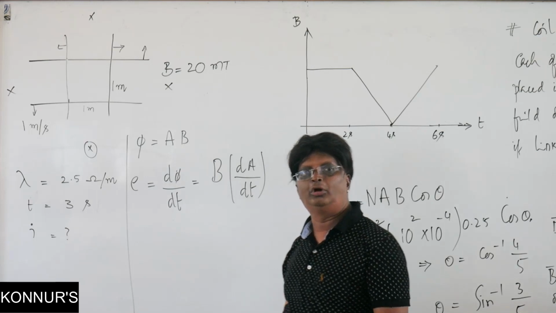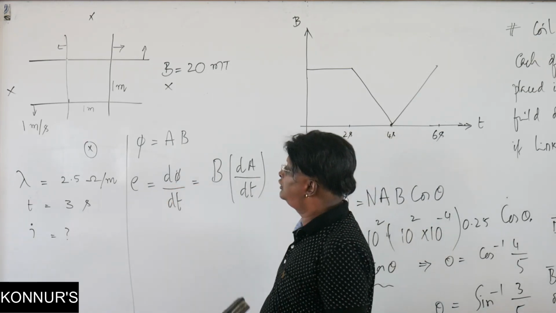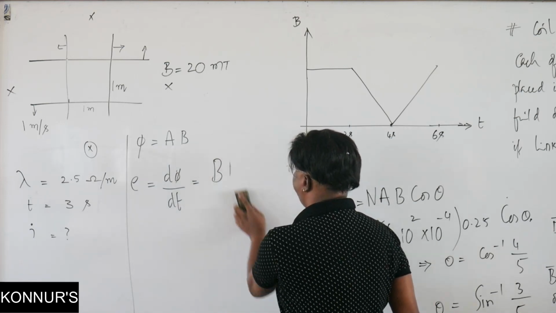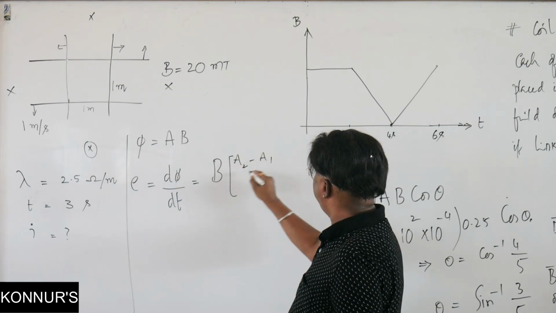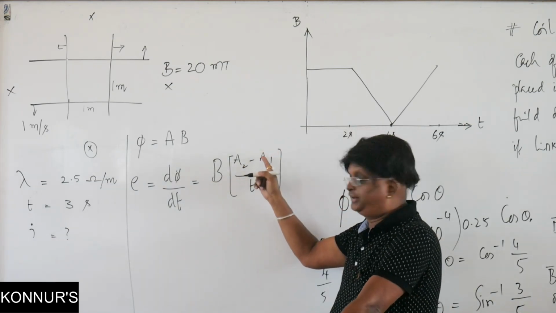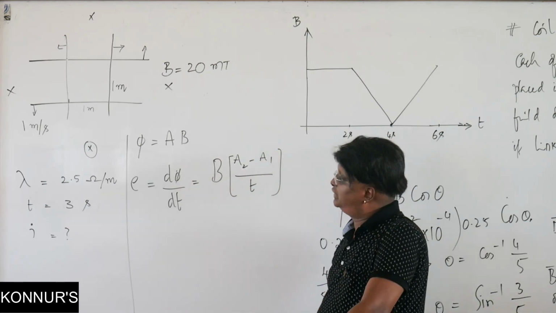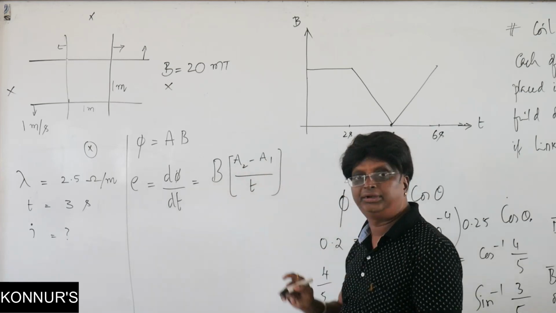This is the expression we got. Now what is dA by dt? How do we make use of the given data? So this is dA by dt, I will write it as A2 minus A1 by T, the change in area and the time taken for that change. So it is B by T into A2 minus A1, right?